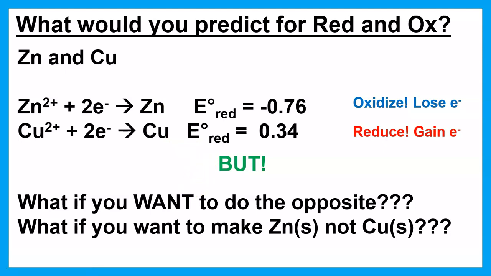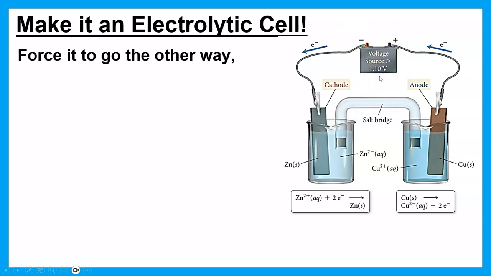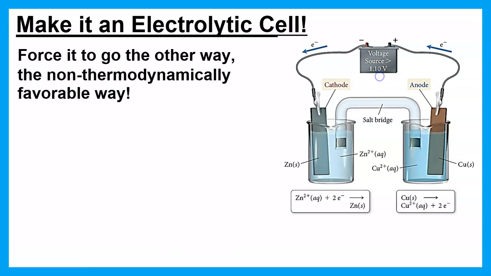I've got to hook my cell up to some outside source. So what we do, right here you can see inside this wire, I'm going to stick on something like a battery, for example.